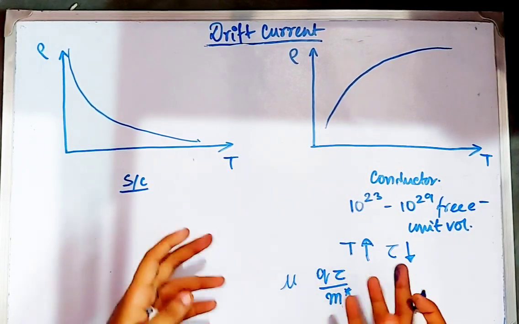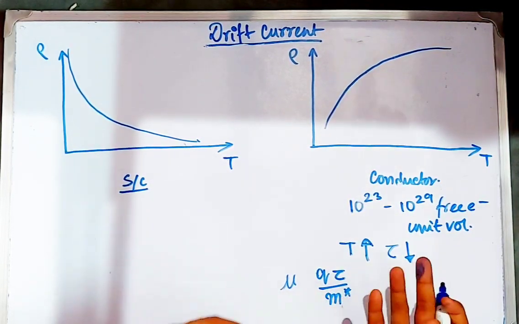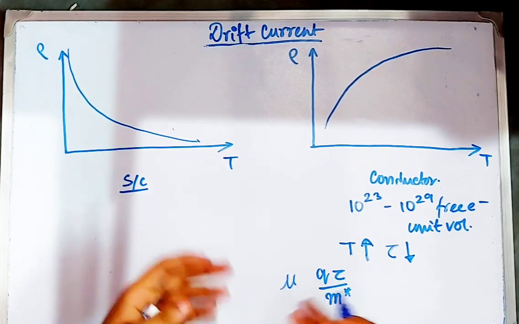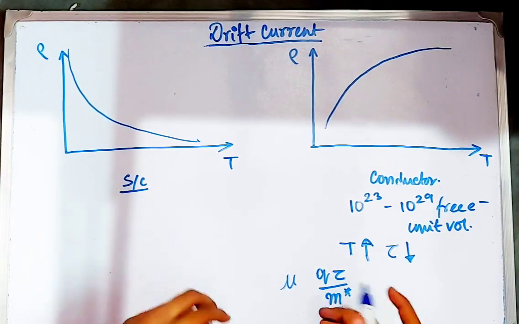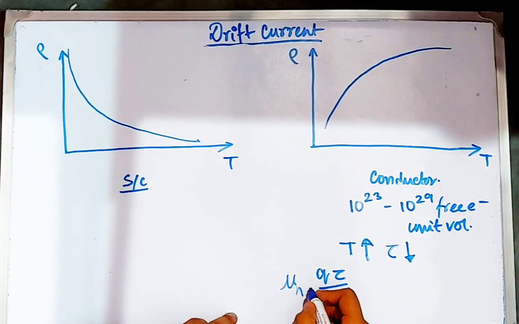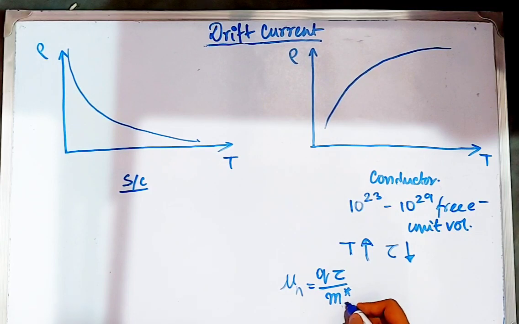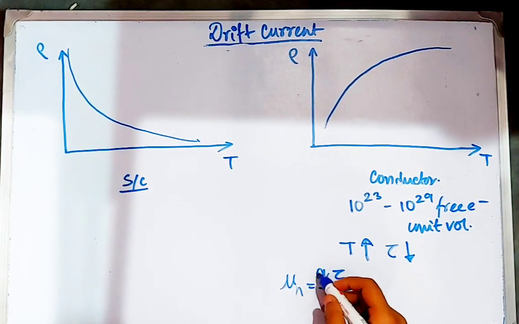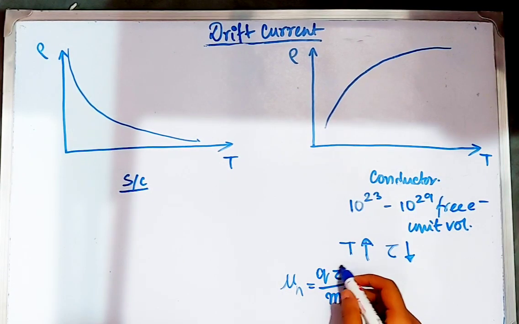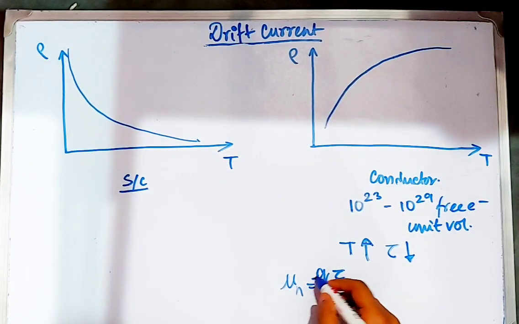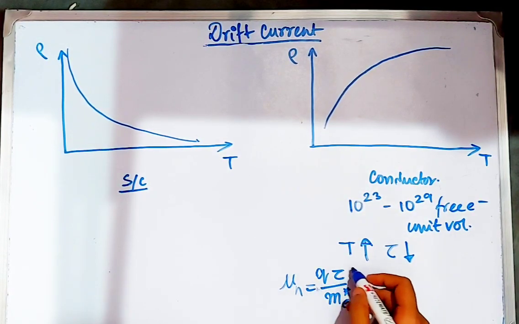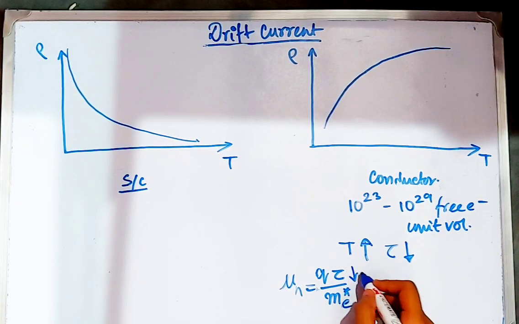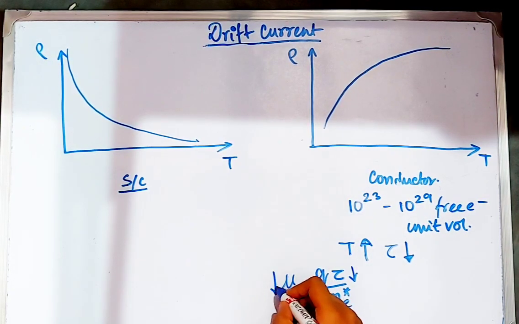There is no concept of holes within the conductor. So in metals there is only one type of charge carrier, electrons, and we are only concerned about the mobility of the electrons here. Here me star is the effective mass of the electron, Q is the electronic charge, and tau is the relaxation time. There is one negative sign, but if I talk only about the magnitude, then if tau decreases, of course the mobility decreases.